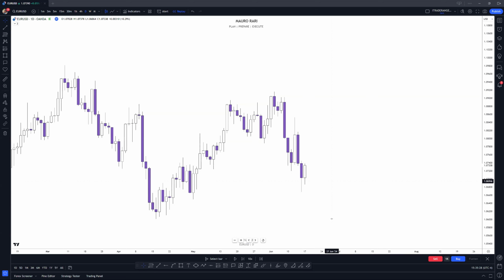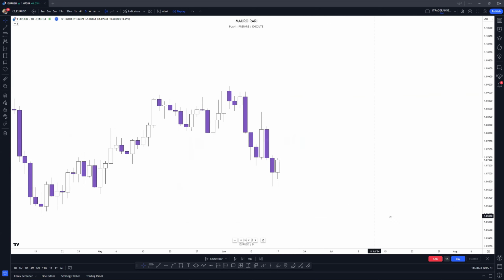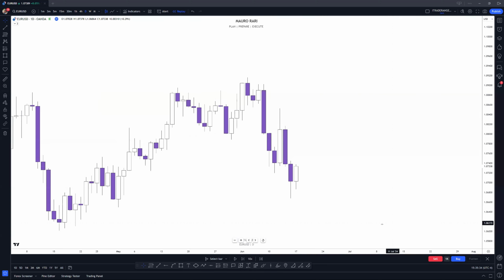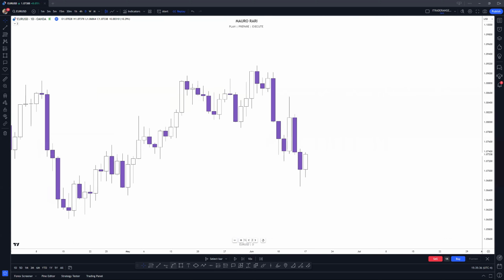As usual, let's start from the daily time frame, and we are going to mark the key level, one for the top, another one for the bottom. As this candle closed bullish, we're going to mark this key level.